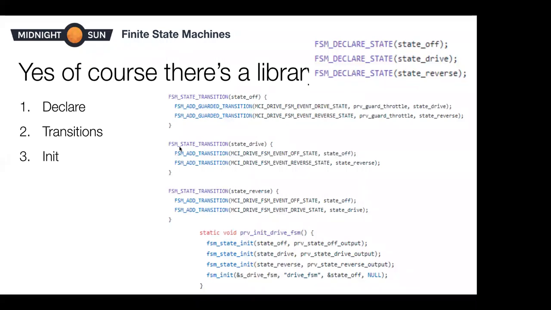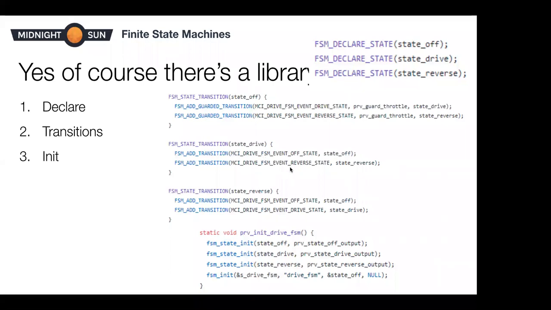Then you define the transition function with these FSM state transition macros, and then FSM add transition to add a transition between states. In this case, for example, this one says that when we're in the drive state, if we get this MCI drive FSM event off state event, then we transition to the off state.